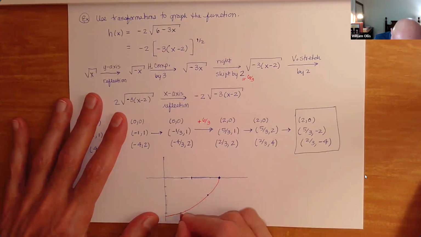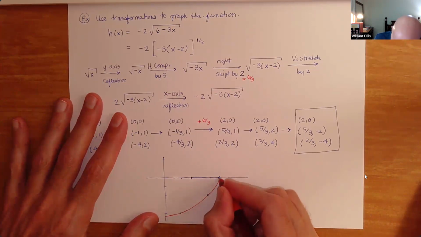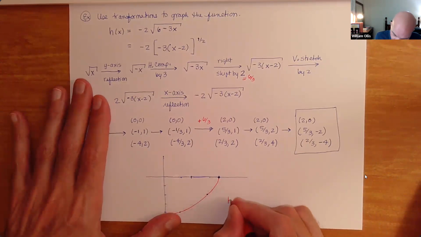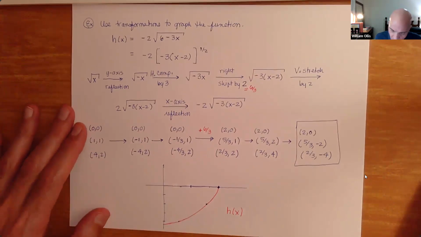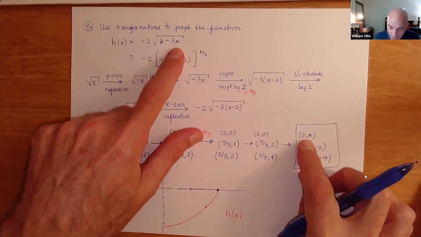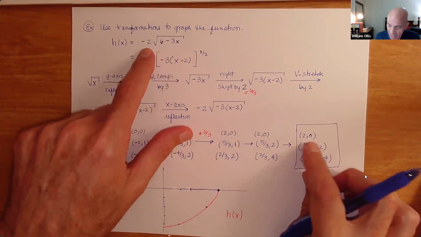Again, this is not a work of art, but we know what the graph looks like, and we know what the new points are. So this is our h of x. So now when you look at this, if you replace the x with 2, you just get the square root of 0, which is again 0.